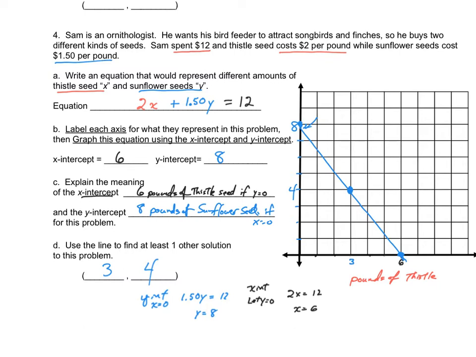Now, if we could read these fractions, then we could buy, let's say, 4.5 pounds of thistle seed and 2 pounds of sunflower seed because it's on the line. Every solution to this problem is on that line.